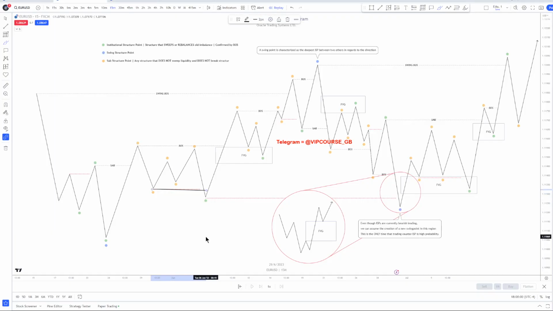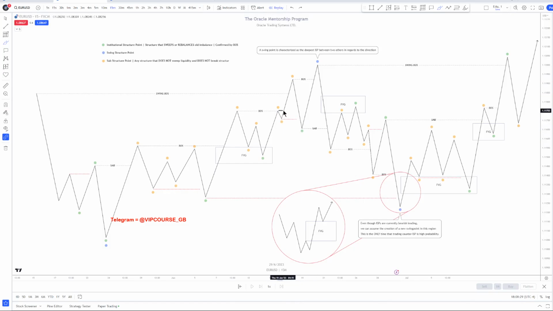Okay, what is liquidity? Liquidity is one of three things. It is either equals, like equal highs or equal lows, for example, in this case, or it is a breakup followed by a breakdown.